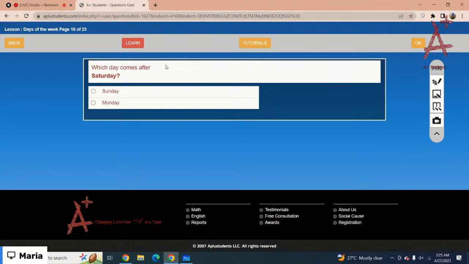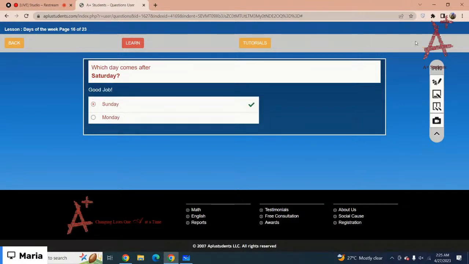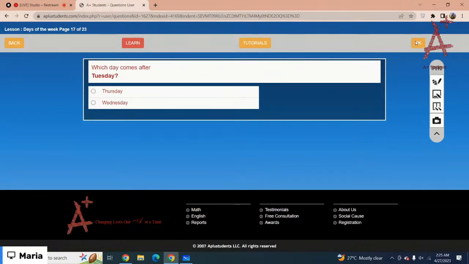After Saturday, we have, yes, Sunday. Which day comes after Tuesday? After Tuesday, we have Wednesday. The correct option is Wednesday.